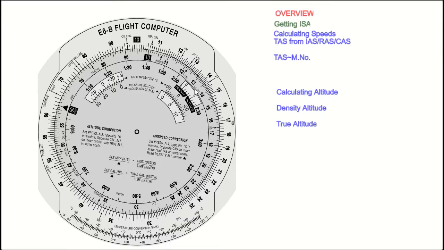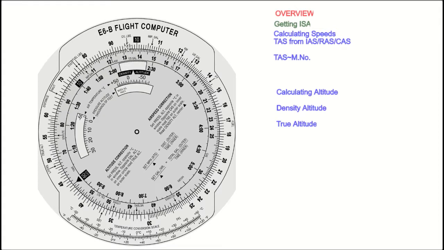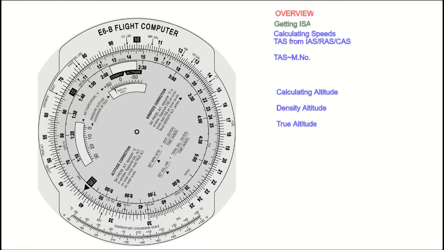For which I will rotate this window till I get the Mach number index on this window. Let's say the question is: OAT is equal to minus 30 degrees Celsius.